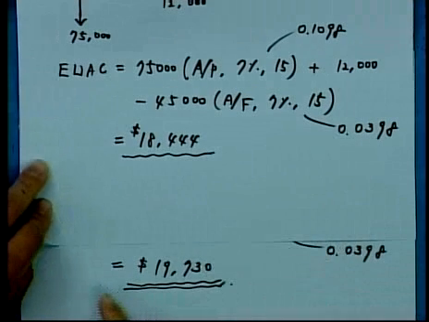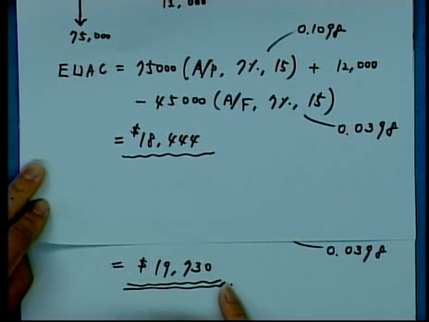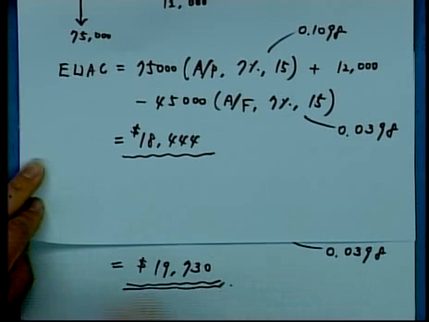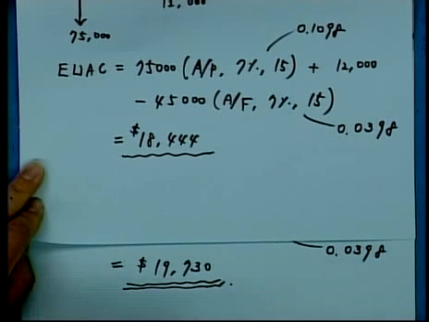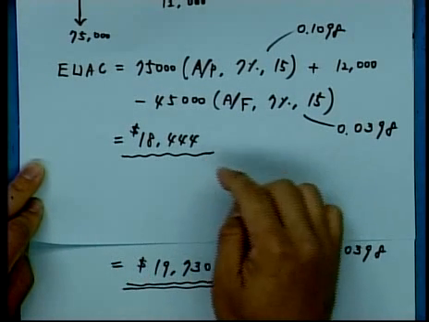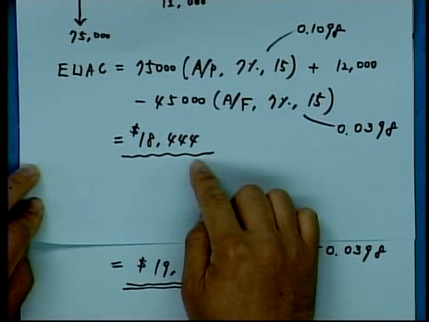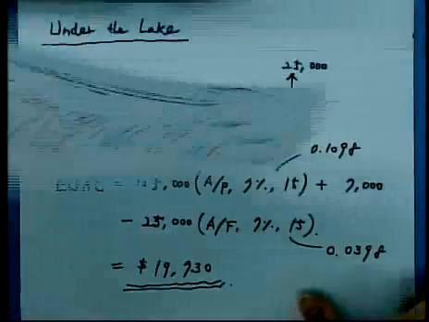And if the power line is routed under the lake, it will cost you $19,730. So definitely the power line should be routed around the lake. In that case, it will cost you only $18,444. Okay.